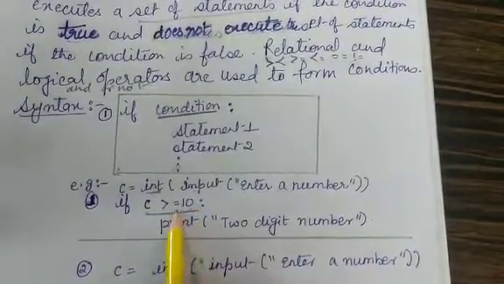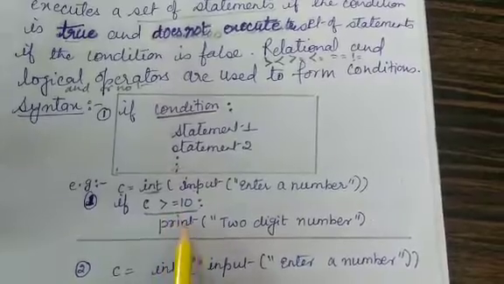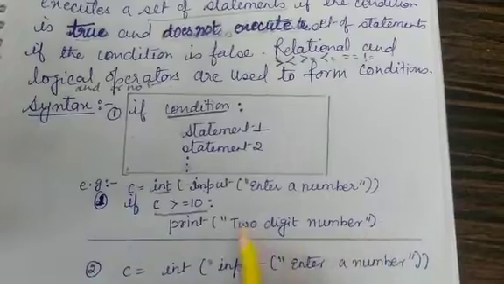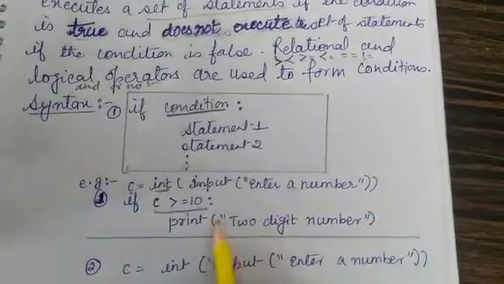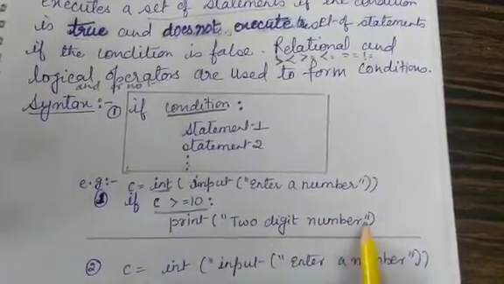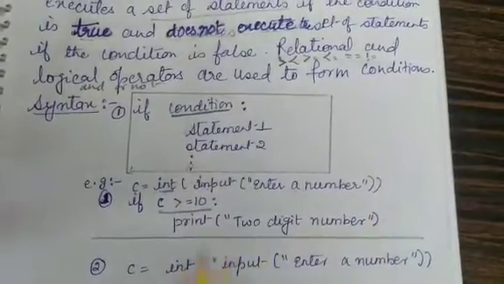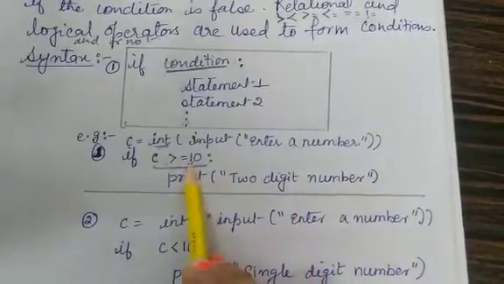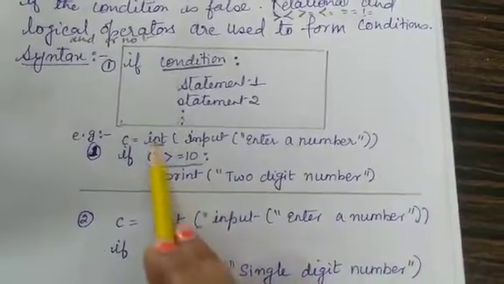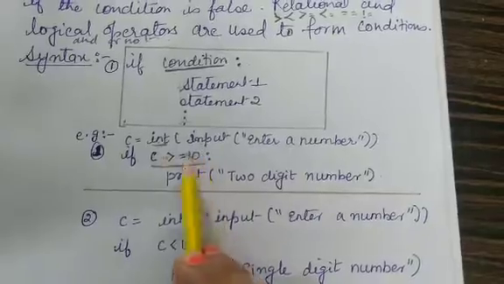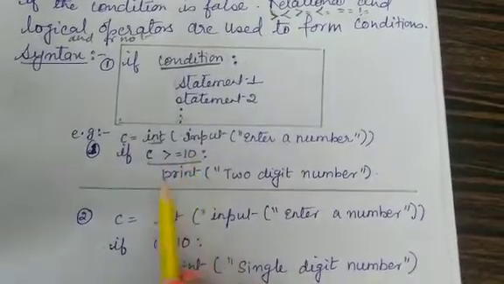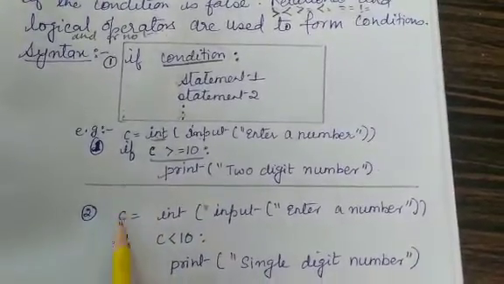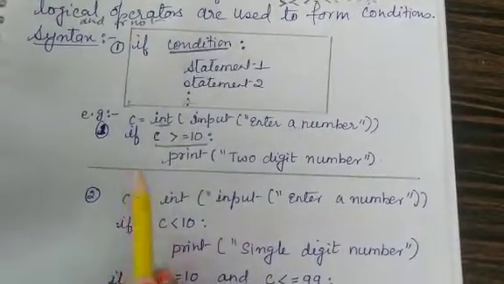Suppose you want to print "2-digit number" if it is greater than 10. You write print, and this is again the syntax of print: a pair of parentheses and the message within double quotes. It will print the 2-digit number message if the number entered by the user is greater than 10. If the condition is true, this will execute. If the condition is false, nothing will happen. It will simply end because nothing else is written here.